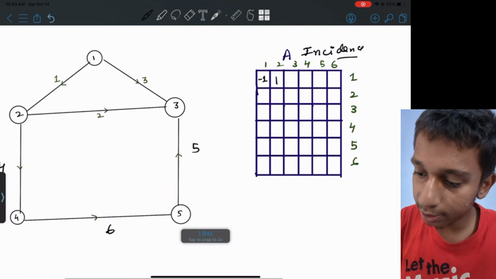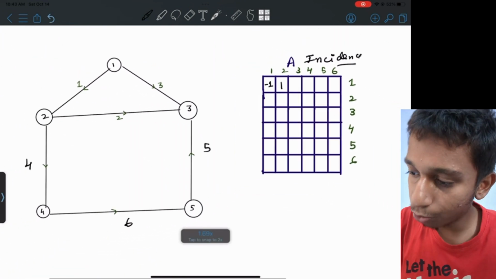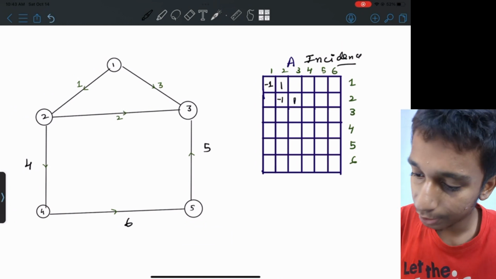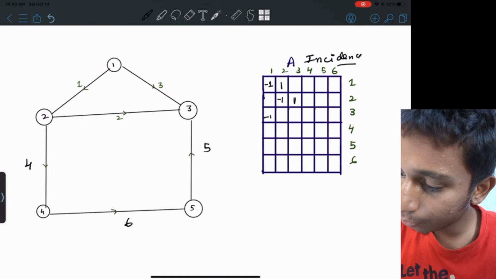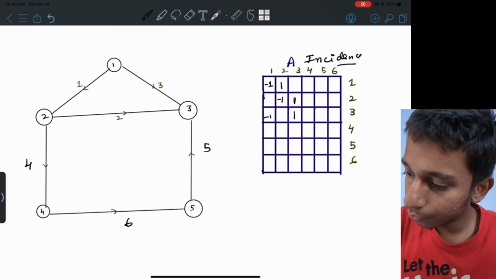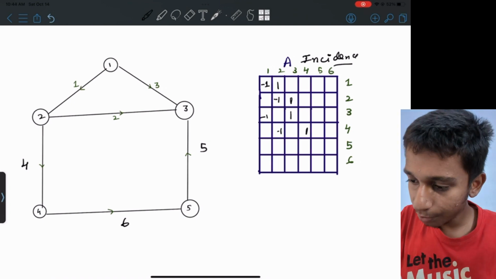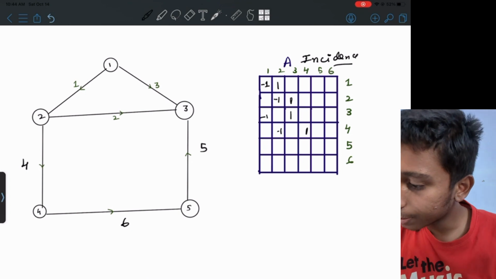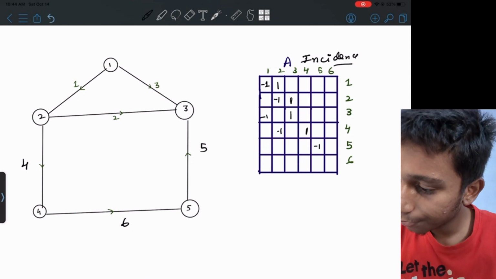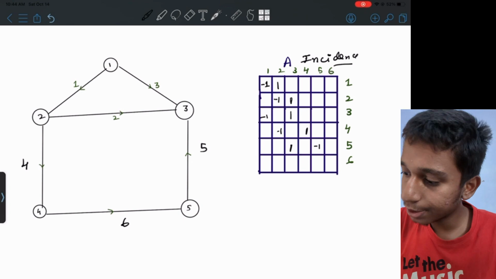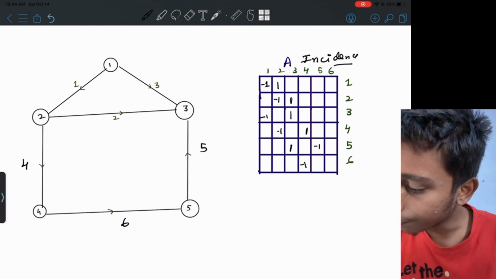And the second edge is from 2 to 3. The third edge is from 1 to 3. Fourth is from 2 to 4. Fifth is from 5 to 3. And sixth is from 4 to 5.